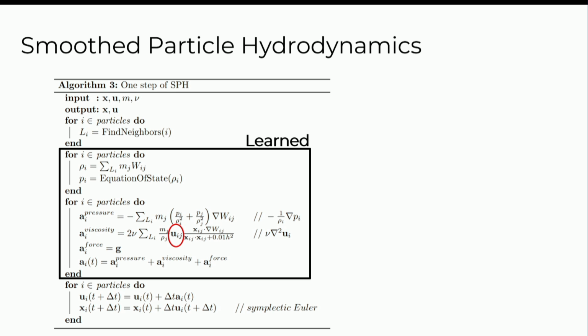Then there are all these terms that, as I said, come from Navier-Stokes: the three accelerations, pressure, viscosity, and force. This is pretty much all of it. We keep the numerical integrator. There's a whole variety of them, but we work with symplectic Euler, which is one of the simplest ones essentially.